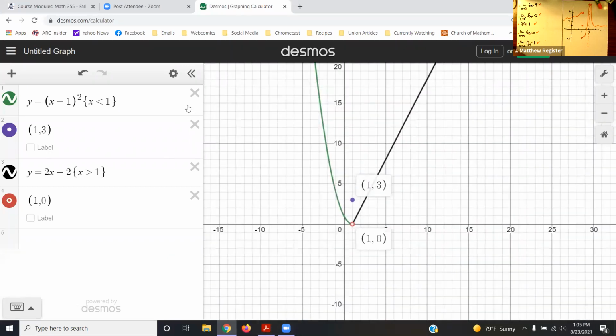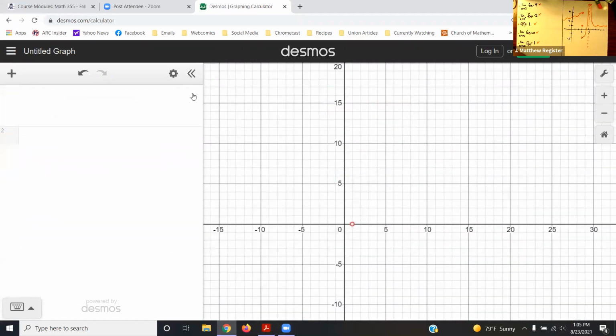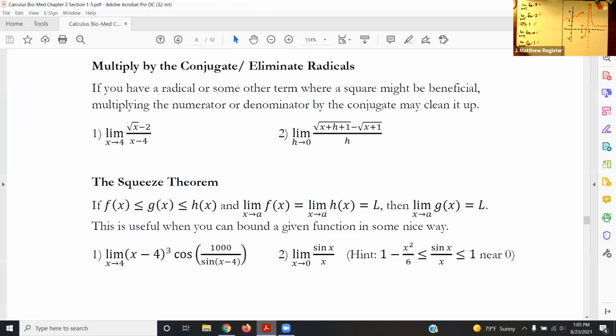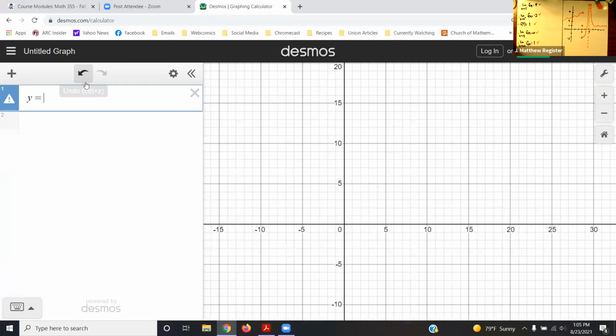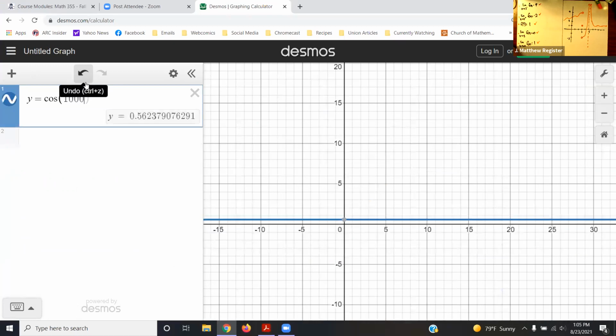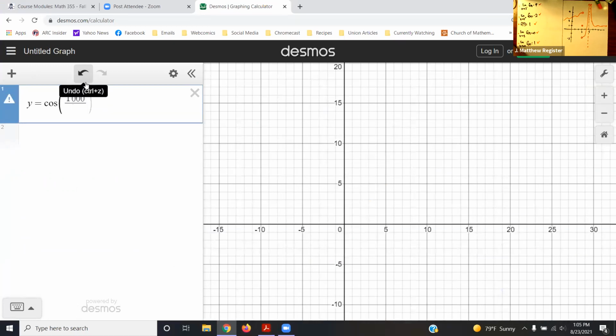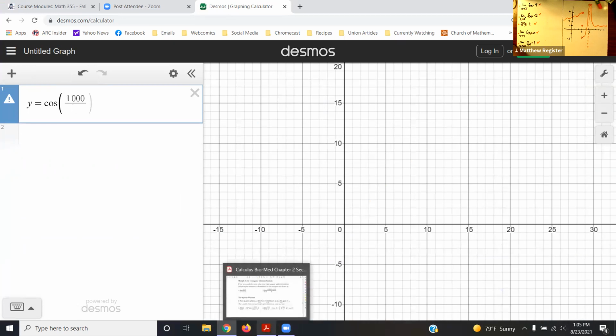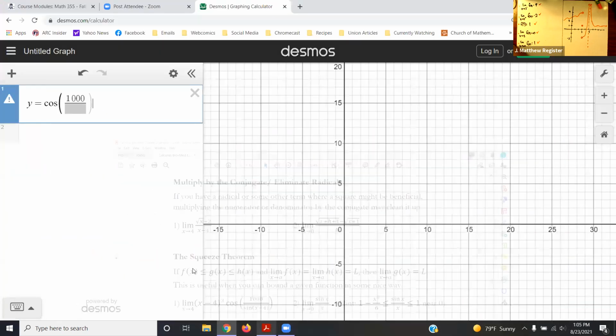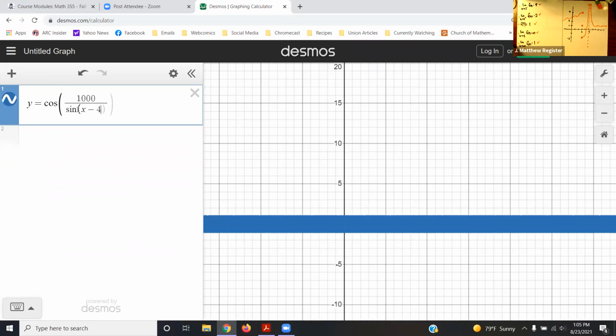And so looking at this, let's say y equals cosine of 1000 over the sine of x minus 4. That is a beautiful graph. Look at this thing.